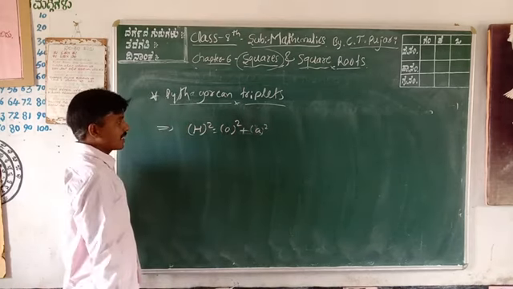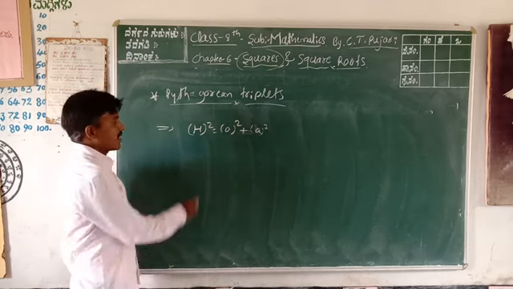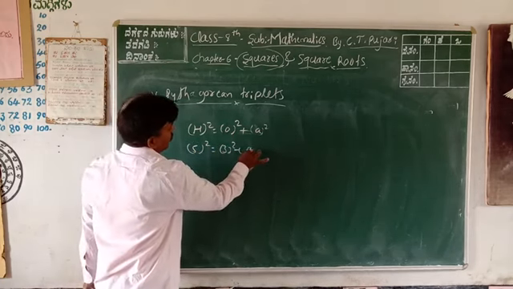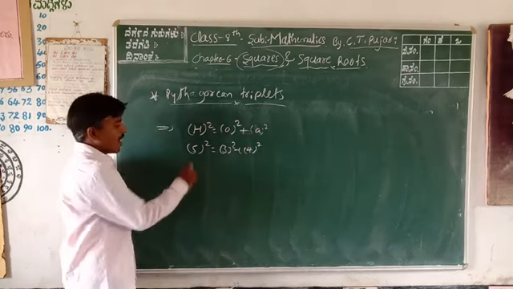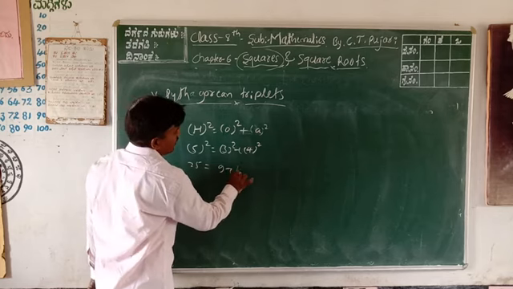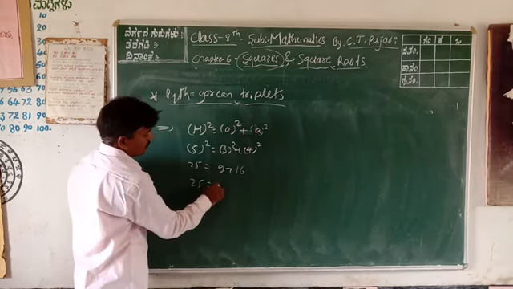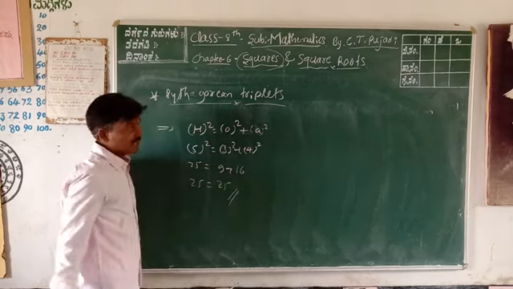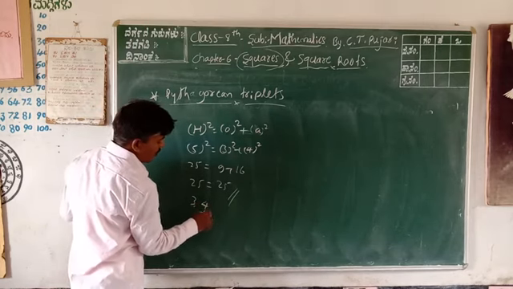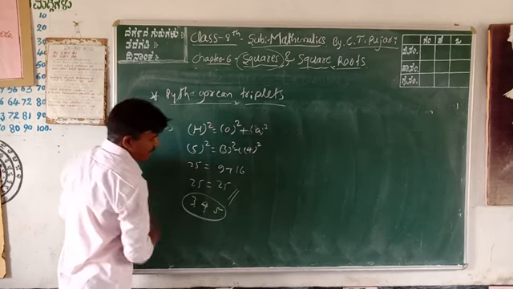Consider 5 square is equal to 3 square plus 4 square. 5 square is 25, 3 square is 9 plus 4 square is 16. Therefore, 25 is equal to 25. So 3, 4 and 5 are Pythagorean triplets.